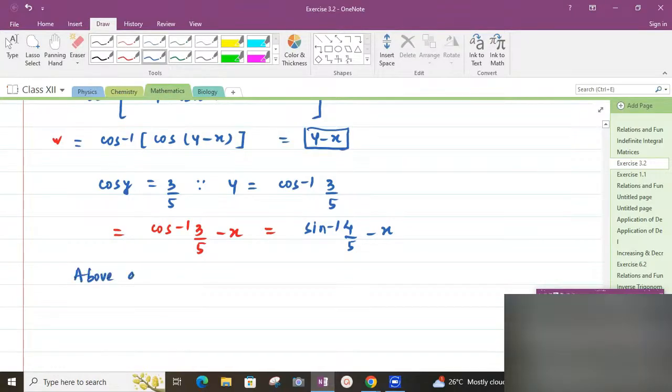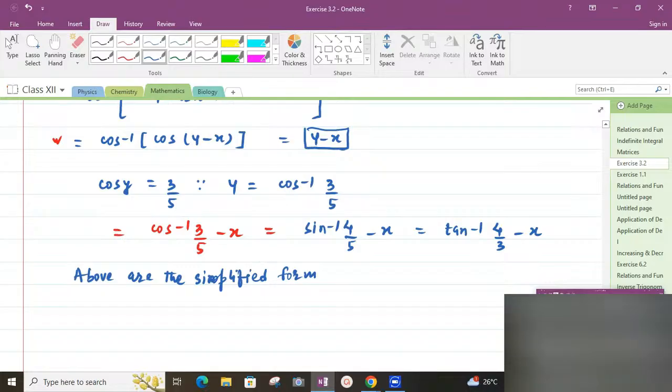Above are the simplified forms. If we convert this one into tan, then this one will be tan inverse p by b, so here will be 4 by 3 minus x.